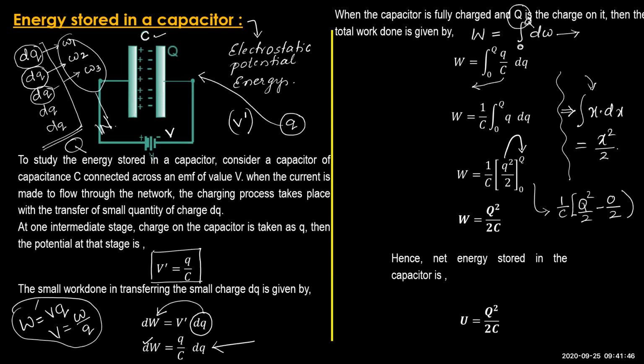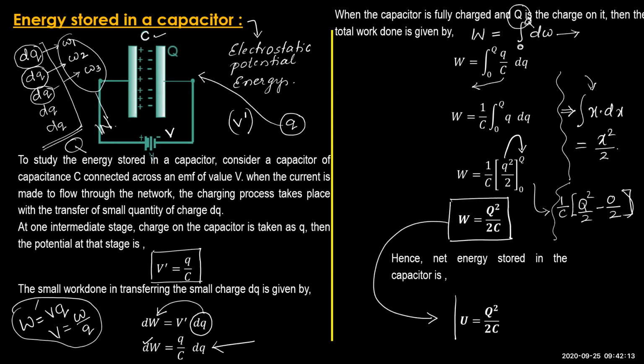So 0 by 2 is 0 only, therefore we are left with Q square by 2. Hence when that Q square is multiplied with 1 by C, we get Q square by 2C. Yes, you will understand it when you learn integration.